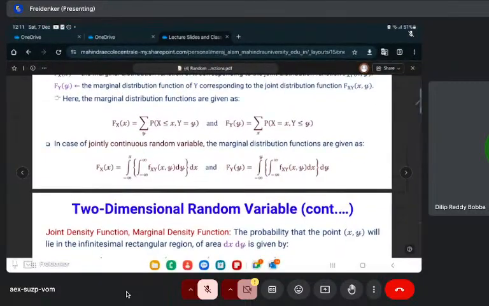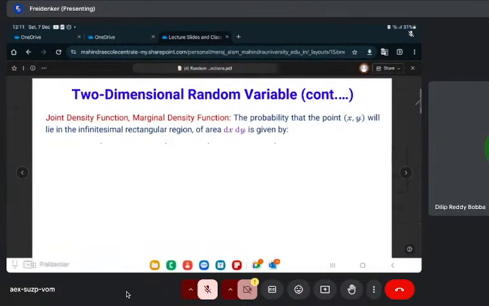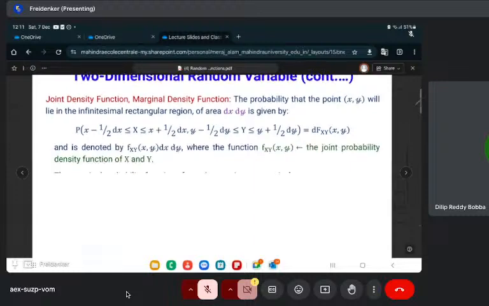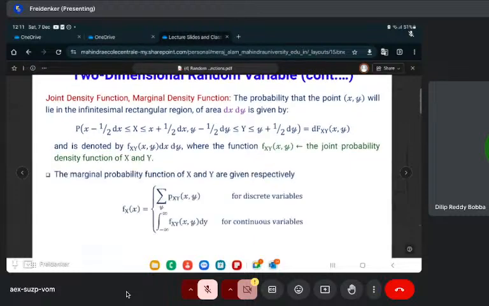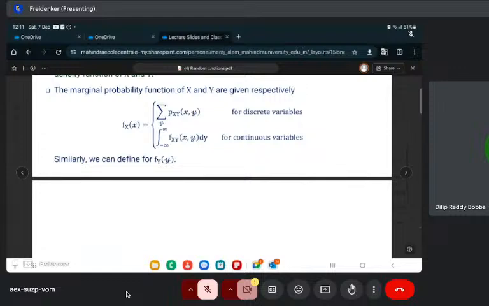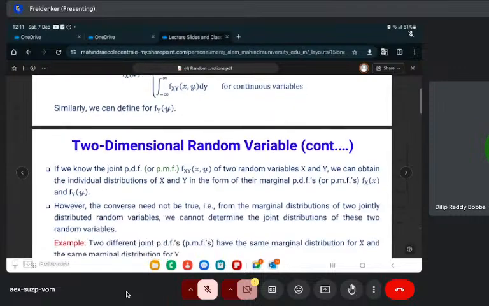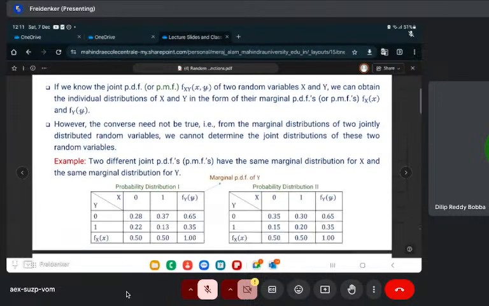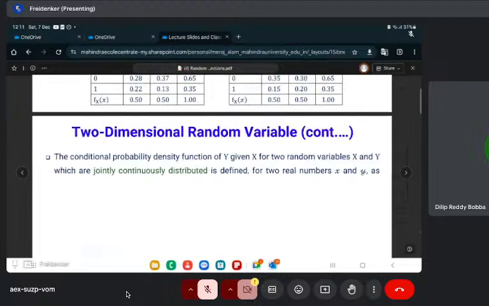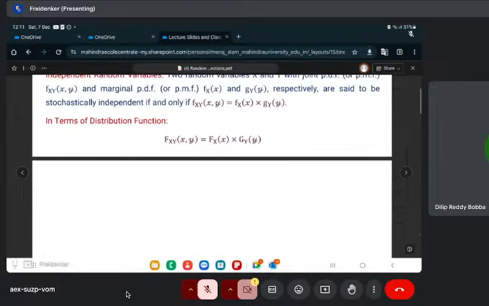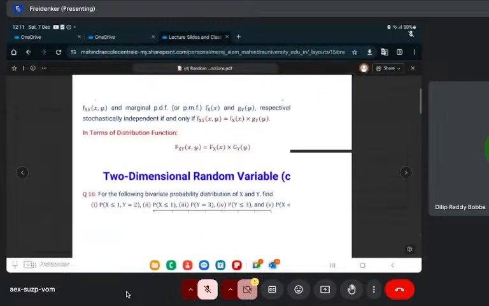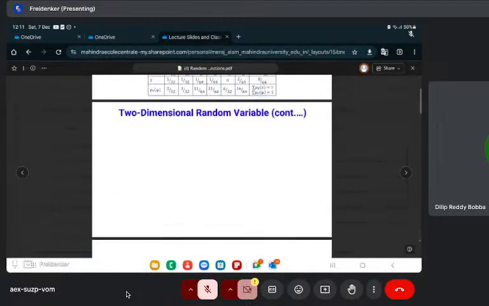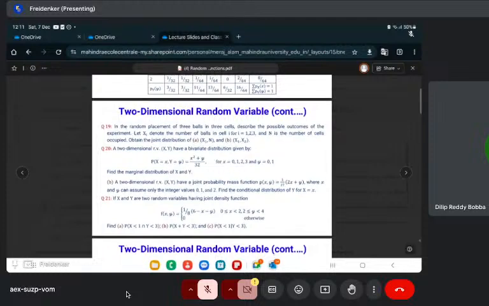Let's see if that is there somewhere. Is it there somewhere? Conditional will come back to you. Conditional. Where is it? No, not there.